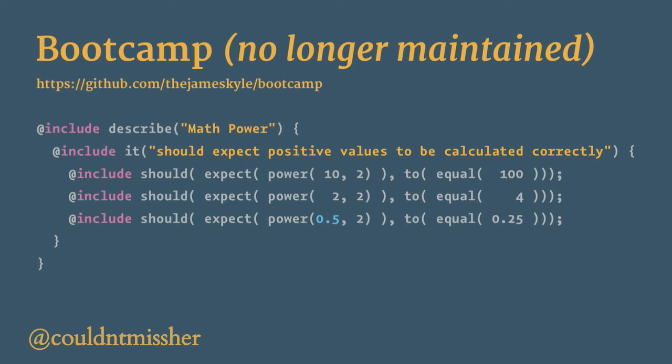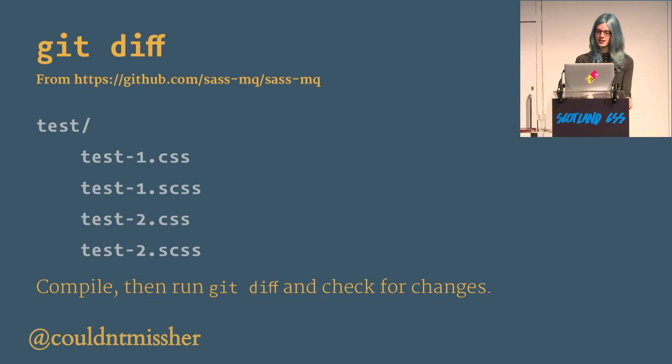So an approach that I like better is one that I saw from the SassMQ project, which provides mix-ins for doing breakpoints and stuff. And what they did, I thought, was really clever. They had a test directory with CSS and SCSS file pairs, and they would just compile the SCSS files, which would overwrite the corresponding CSS files.